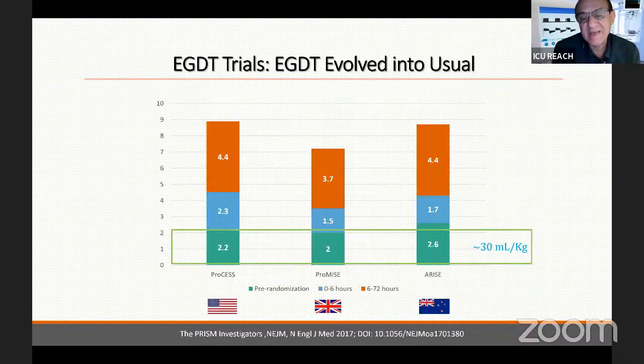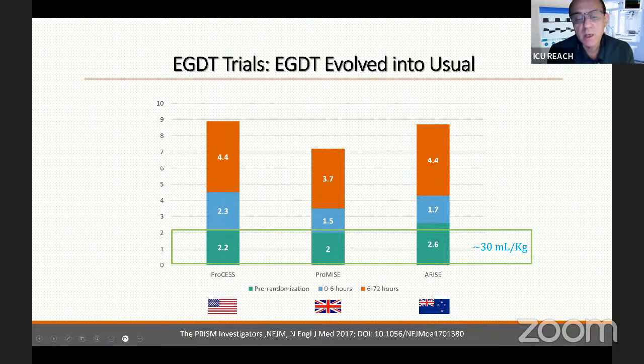However, when you dissect into those studies and you look at the initial fluid that those patients received prior to randomization, you can see that in the three studies, whether the patient went into the intervention arm or the control arm, those patients received around 30 ml per kg. What does that mean? It means that the early goal-directed therapy evolved into usual care. And if you give those patients fluid, the outcome is going to be the same.